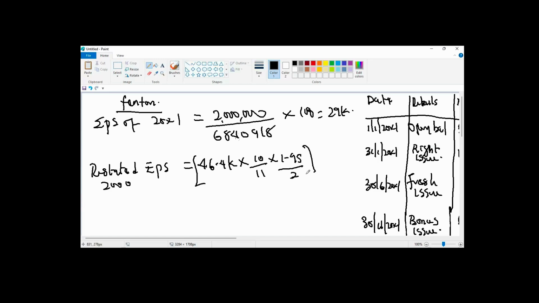I'll multiply by 100. I will reverse everything. $44. What does it give us?